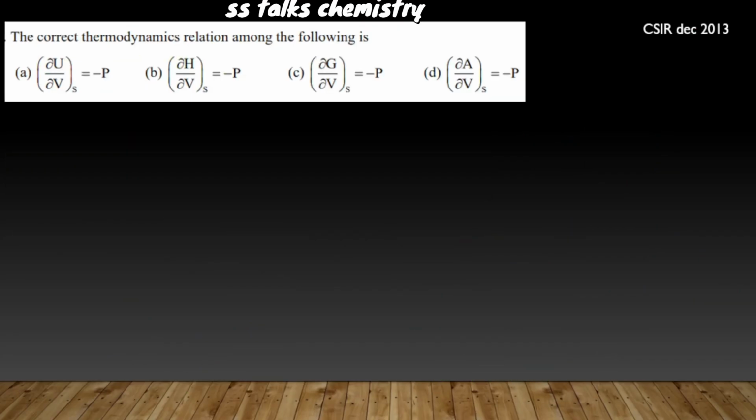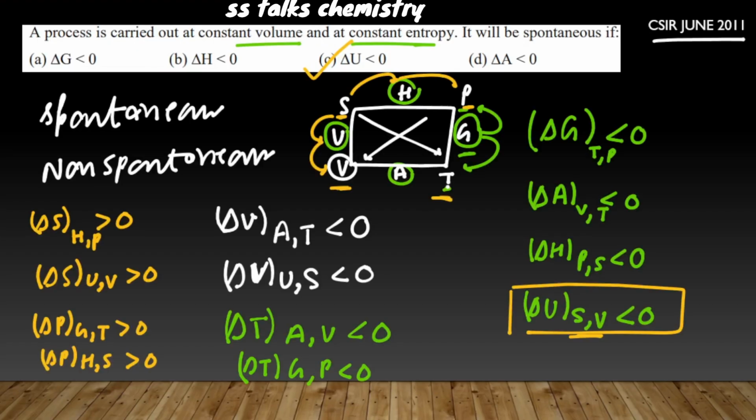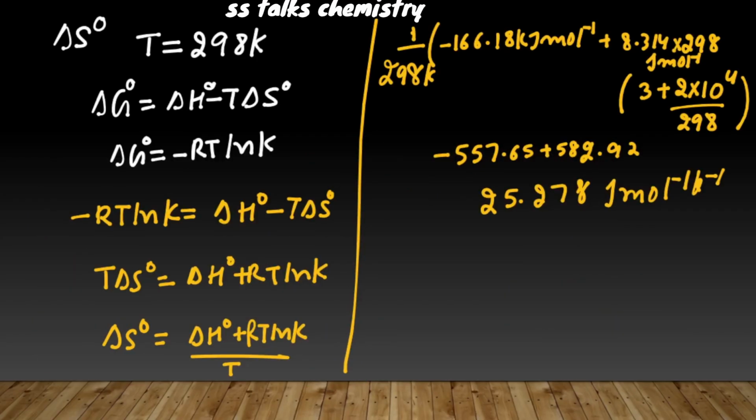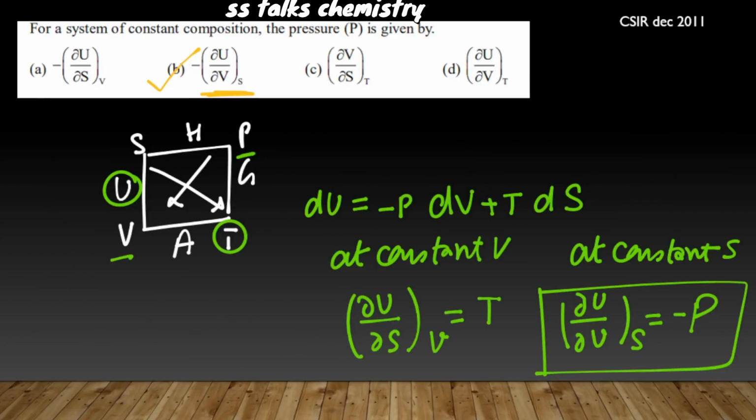Next, this question now: the correct thermodynamic relationship among the given is. So for the pressure term, again this is being asked. You are seeing this question has been repeatedly asked. Here the first question or the second question only was there. In 2011 also a question related to pressure was asked. Here you see the direct pressure value was asked.